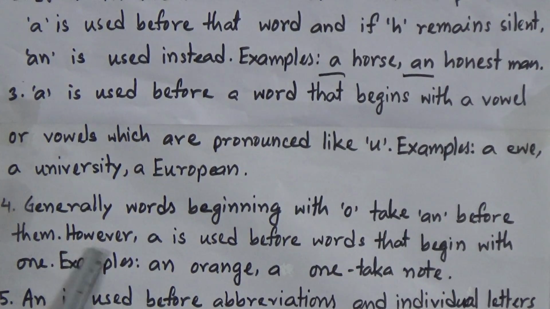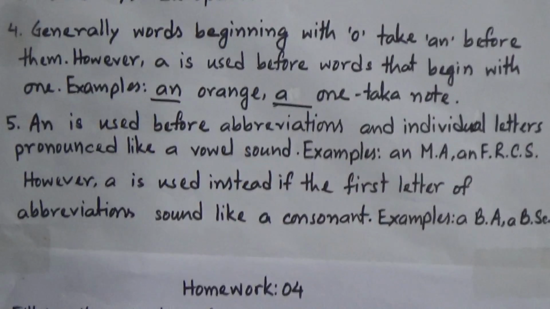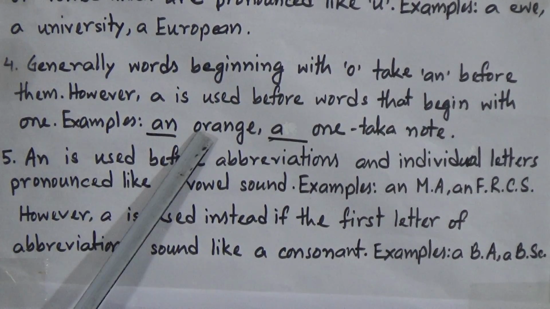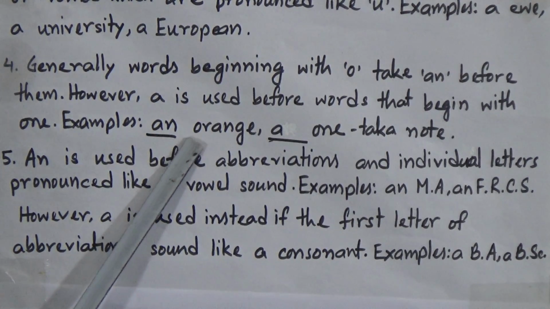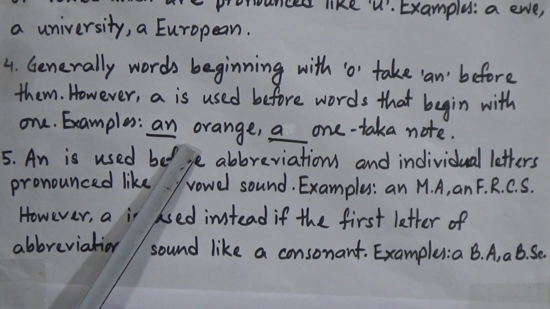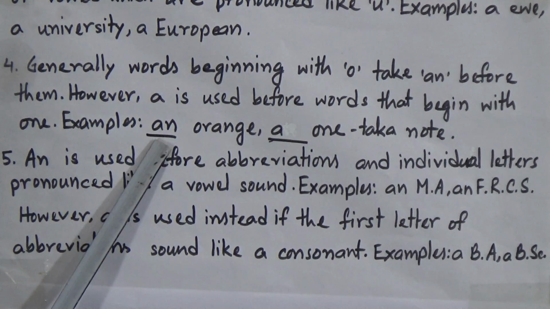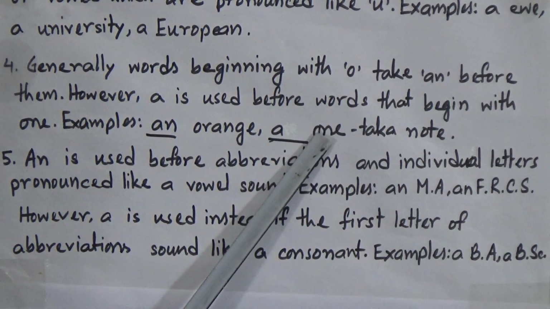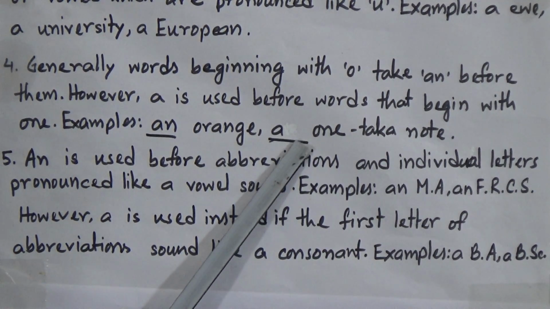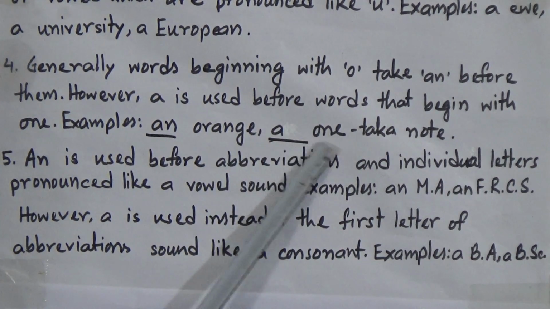However, A is used before words that begin with the sound of 'wa', like one. Examples: an orange, a one taka note. In an orange, O is a vowel sound, so we use AN. But in one, if you find the sound like 'wa', we will use A instead of AN.